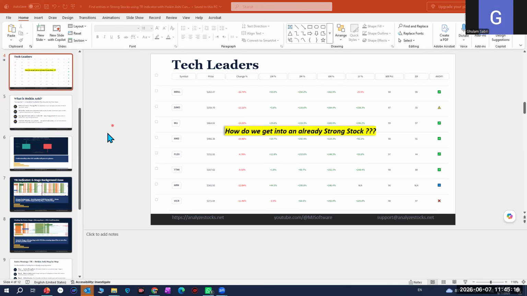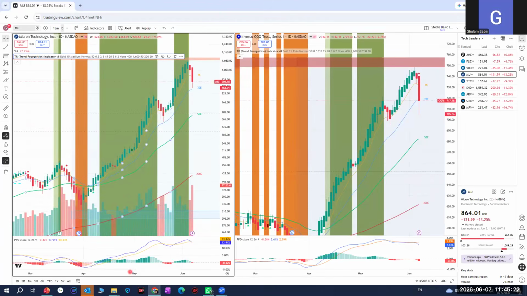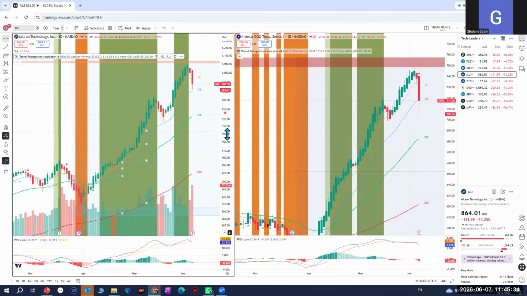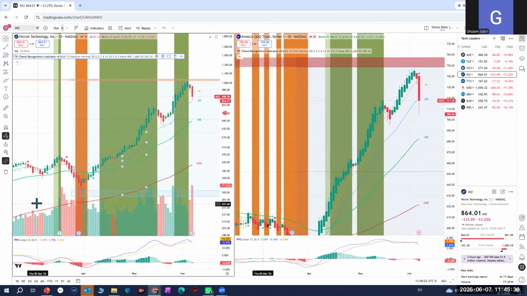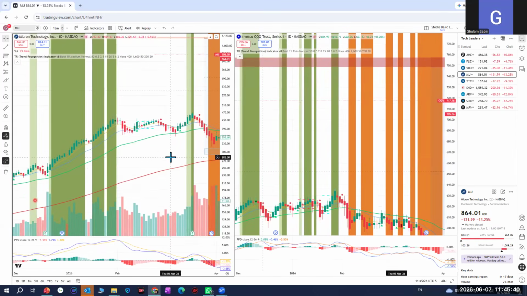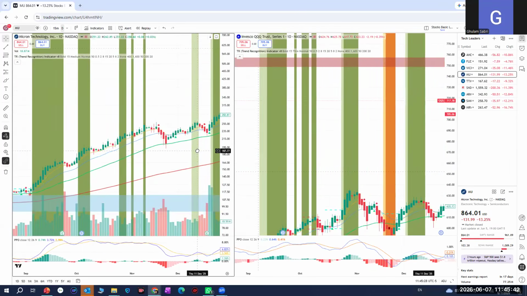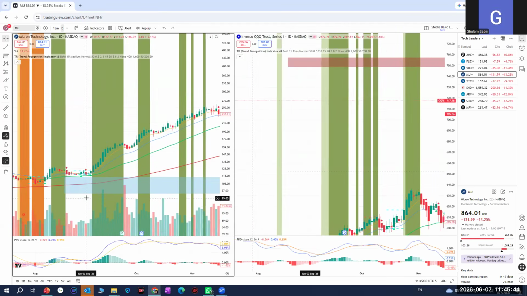So we are back to our charts, and I'll give you several different examples, and you will find the same pattern here. The question is, what is power zone breakout? Power zone breakout means it's an automatic feature of our TR indicator system for day trading as well as for this, and it is sensing that it was right here.